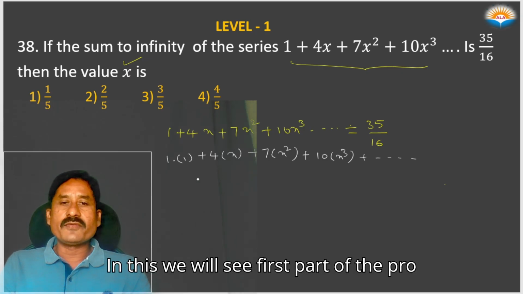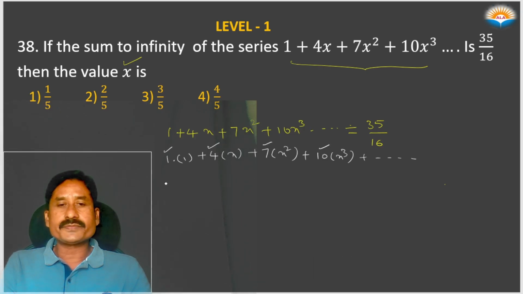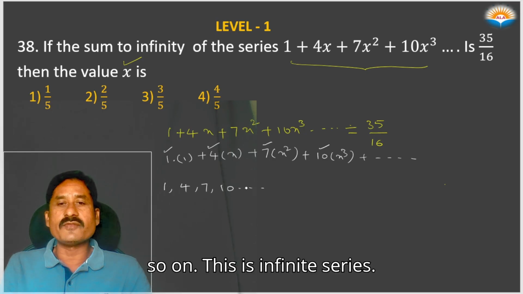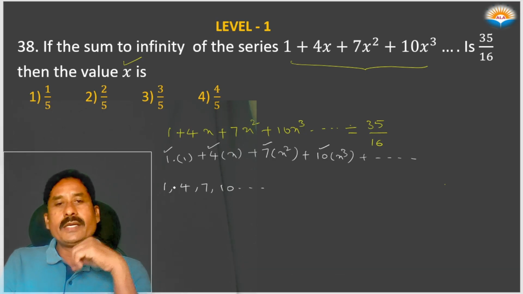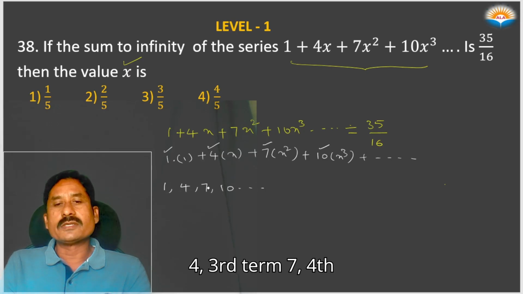In this we will see the first part of the series: 1, 4, 7, 10, so on. We write this separately. This is an infinite series. Here the first term is 1, second term is 4, third term 7, fourth term is 10.